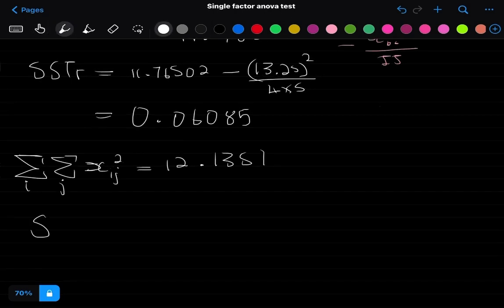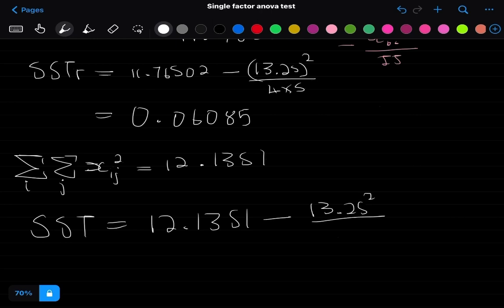Now let's calculate the total sum of squares, which will be 12.1351 minus the correction factor, which is 13.25 squared, divided by 4 times 5.